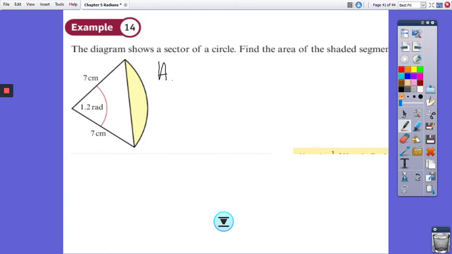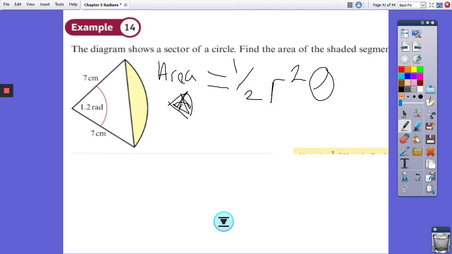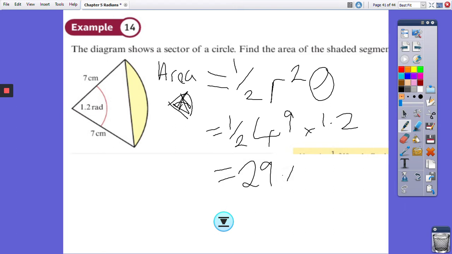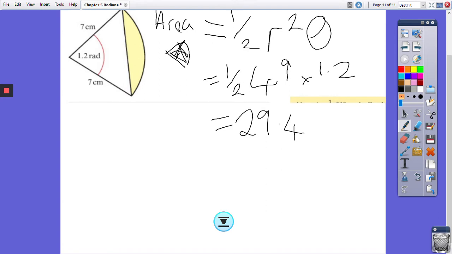So the area of this whole sector equals a half r squared theta, then you've got a half. r is 7, so you've got 49, and we're going to times by 1.2, which is 29.4 centimeters squared.